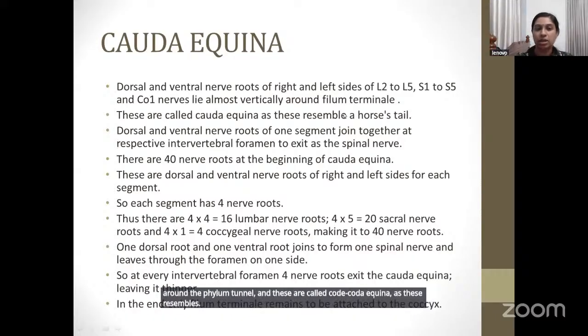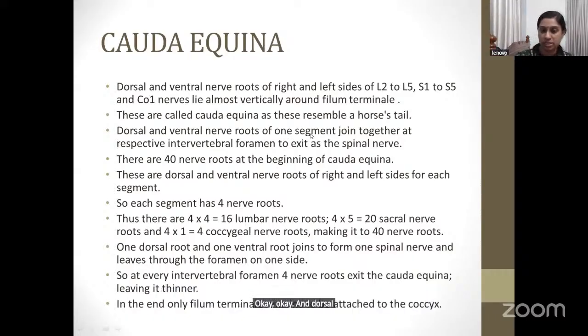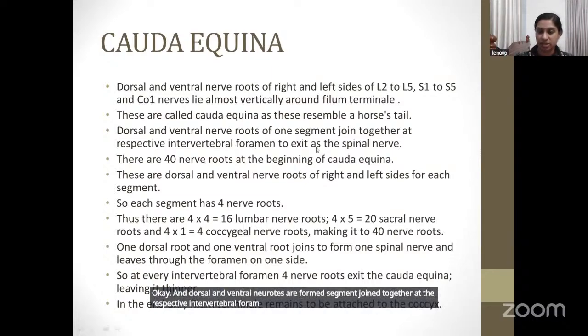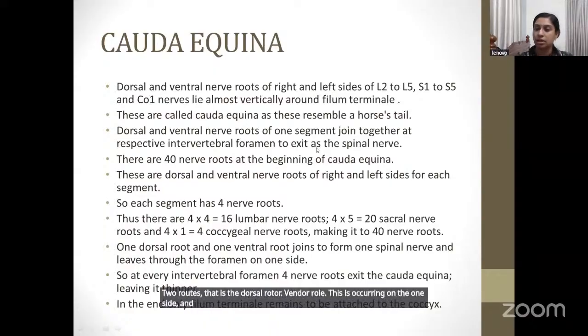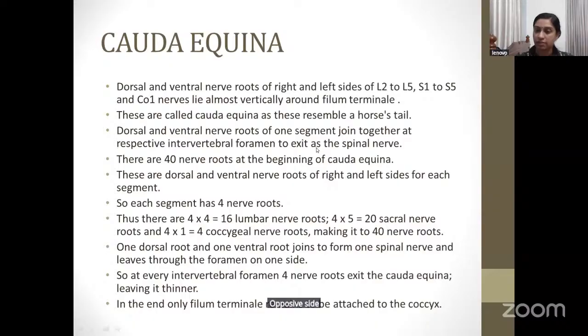Dorsal and ventral nerve roots of one segment join together at the respective intervertebral foramen to exit as a spinal nerve. I have already mentioned that a spinal nerve consists of two roots, the dorsal root and the ventral root. This is occurring on one side, and the opposite side also has the dorsal and ventral roots.